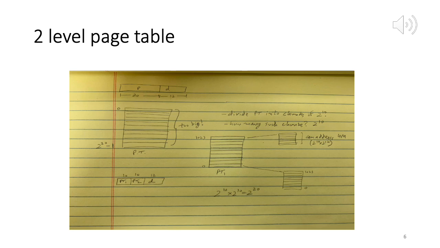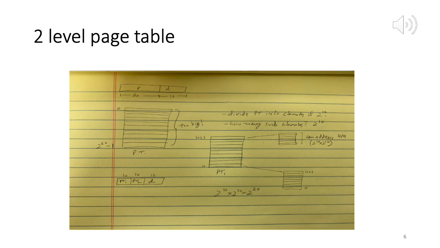And the question is how much memory can each inner page table address. Each inner page table has 2 raised to 10 entries. One entry goes to a page. Each address is 32 bit.